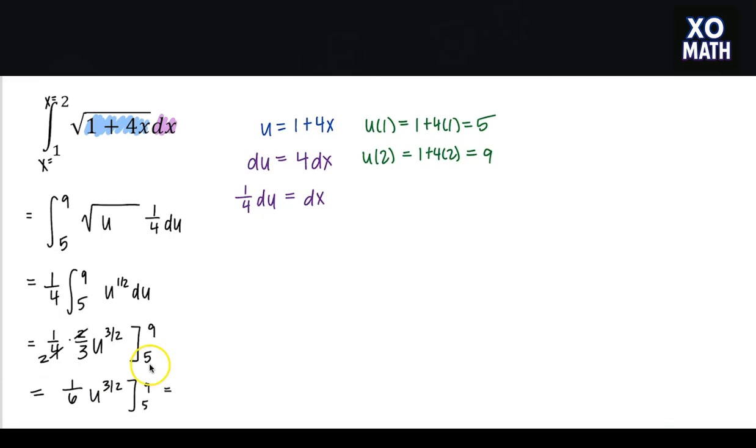So we'll start by substituting in 9, and then we'll subtract substituting in 5. So we have 1/6 times 9 to the 3/2 minus 1/6 times 5 to the 3/2.